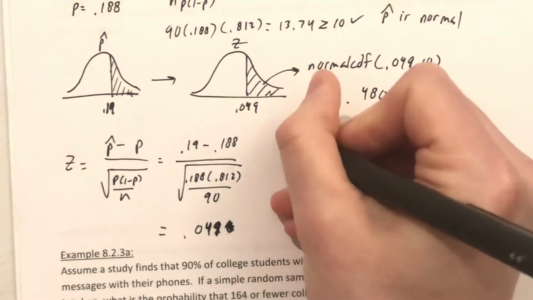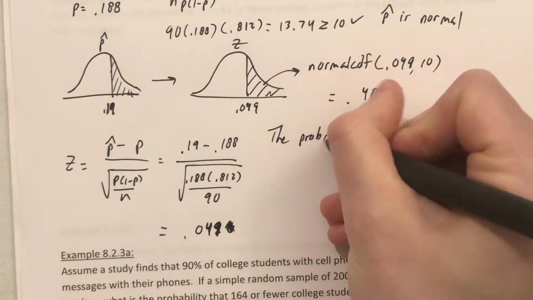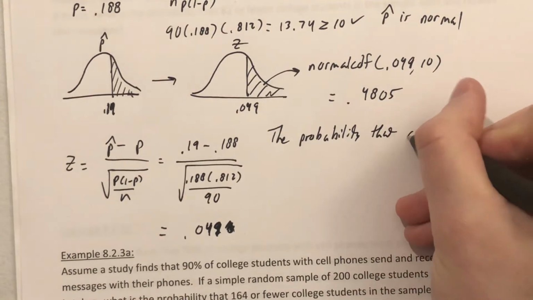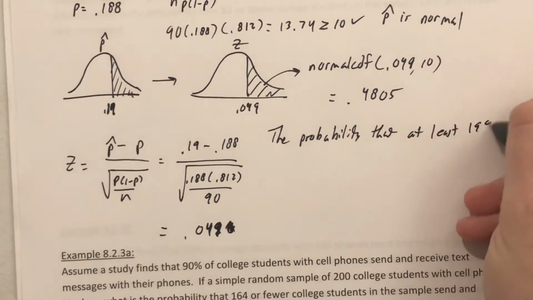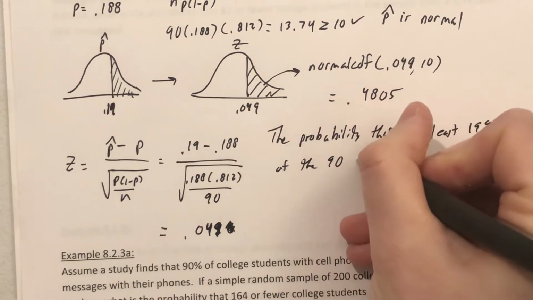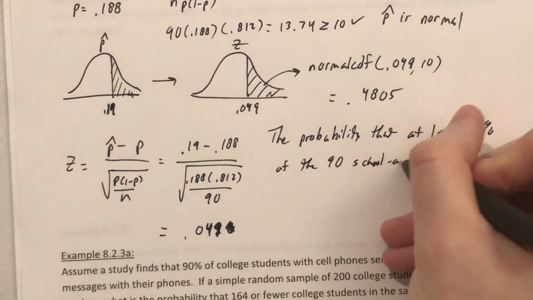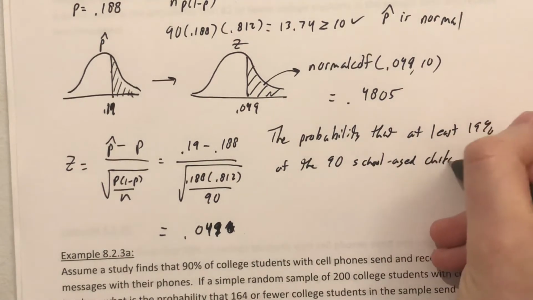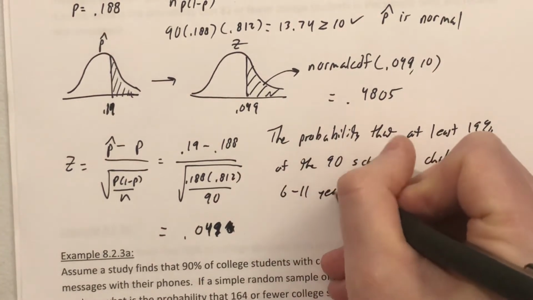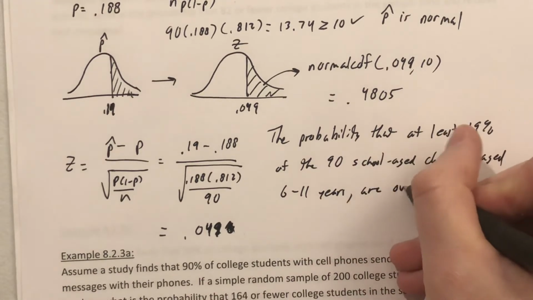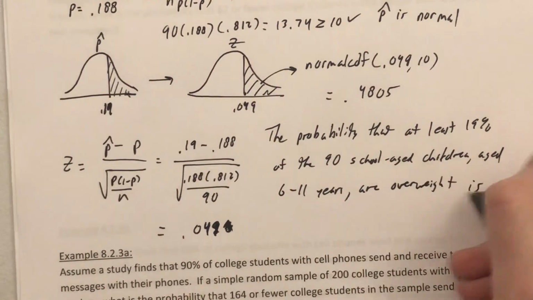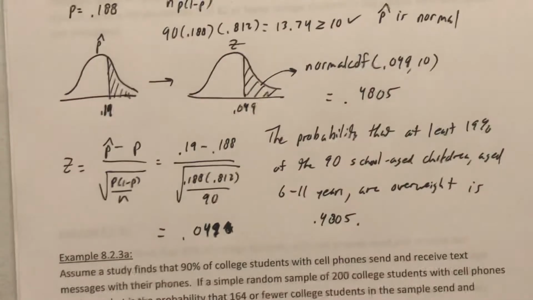Okay, and so we could say the probability that at least 19% of the 90 school-aged children aged 6 to 11 years are overweight is 0.4805.